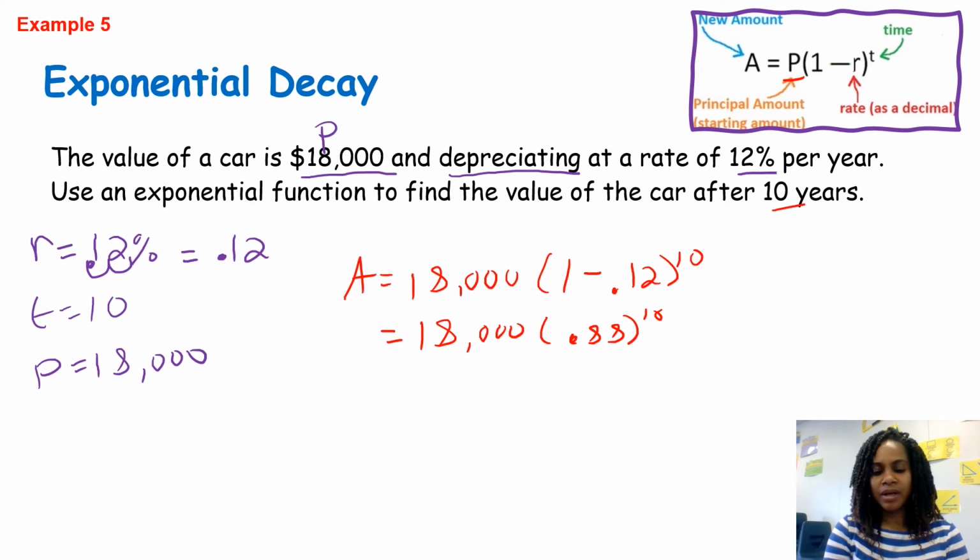So I'm going to put that in my calculator first. So 0.88 raised to the 10th power equals, I get 0.27, and the numbers keep going, and then I multiply that times 18,000, and I get $5,013, and I'm rounding to the nearest 100 because I'm talking about money here.